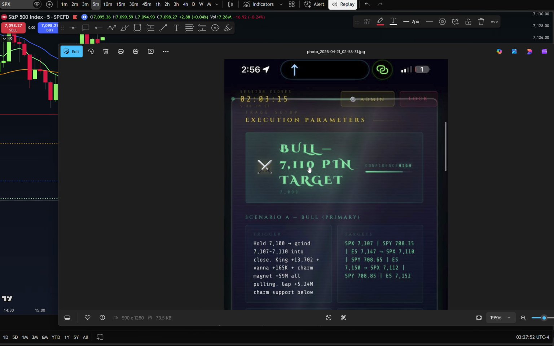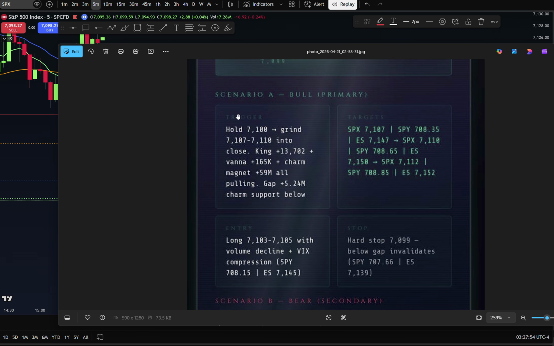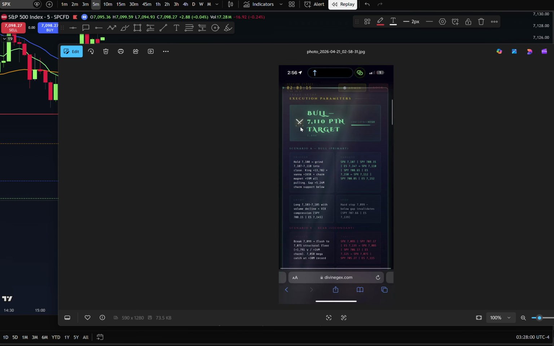7110, and it was giving all this map, like hold this level, this level. Hard stop 7099. This was at 2:53.